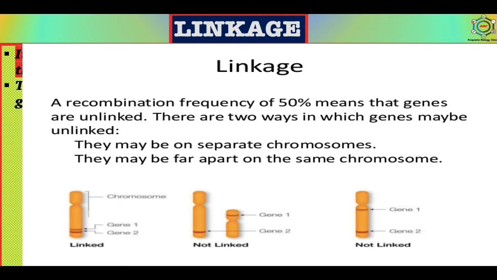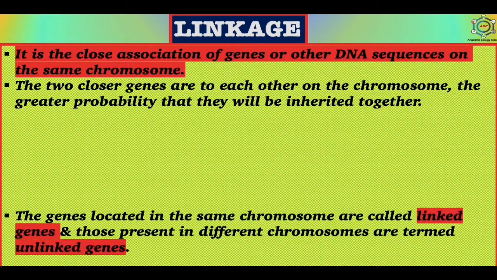So here in this picture you can see linked genes, which are closely associated, and in the second and third chromosomes, which show unlinked genes, where genes are present either on different chromosomes or on the same chromosome far apart from each other.